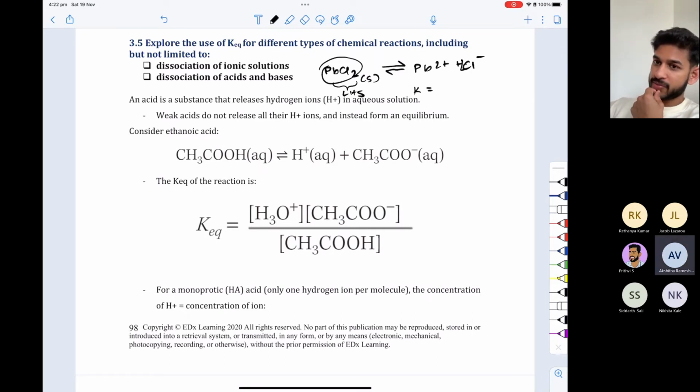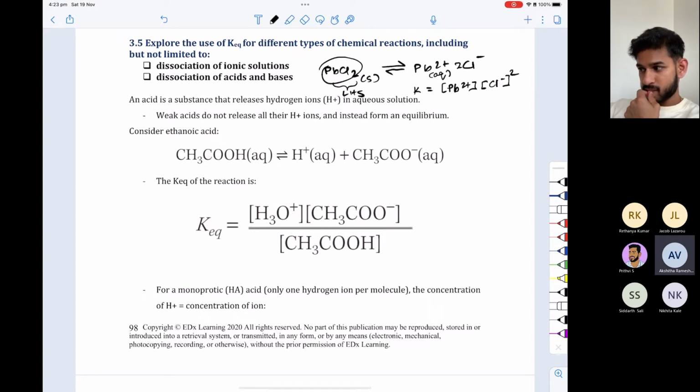So who are the products? So the products would be the Pb2+ and then the chloride, and then below that would be the PbCl2. Pause for a moment. What are you going to raise chloride to the power of? So it shouldn't be 4. It should have written 2. So it would be raised to 2. Good. All right. And then what would you do next? And then on the bottom would be the PbCl2.